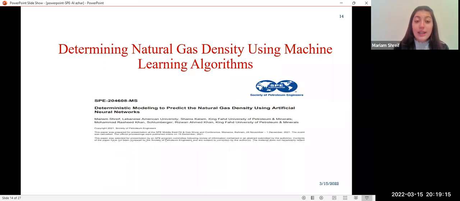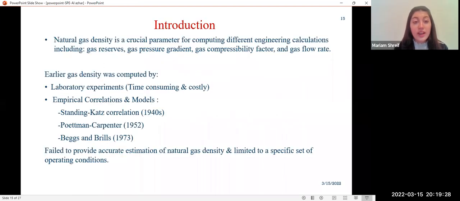Natural gas density is considered an important metric that influences the computation of various variables that are needed in order to analyze gas systems. These variables include the gas reserves, the gas pressure gradient, the gas compressibility factor, and the gas flow rate. Earlier, we used to rely on laboratory experiments to get this value, but laboratory experiments are time consuming and costly.